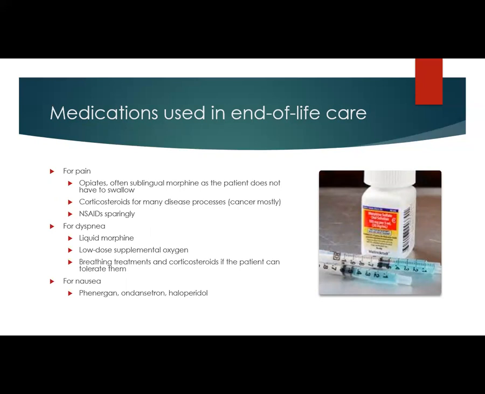For dyspnea, you can use liquid morphine because morphine is not necessarily given for pain as much as it's given to help alleviate some of that breathing. Low dose supplemental oxygen, mostly just for their comfort. Breathing treatments and corticosteroids if the patient can tolerate them. For nausea, we're giving things like Phenergan, Ondansetron, all these different kinds of medications.